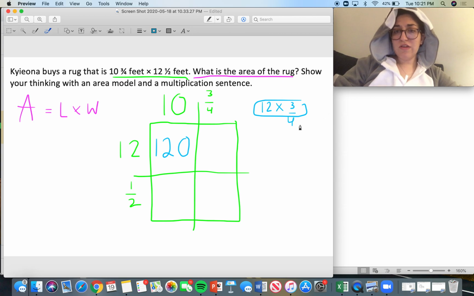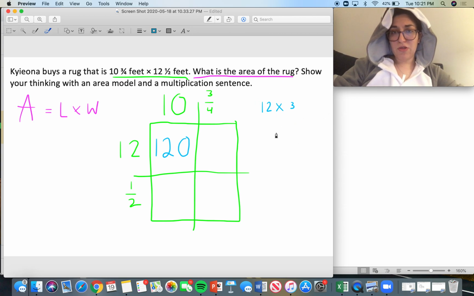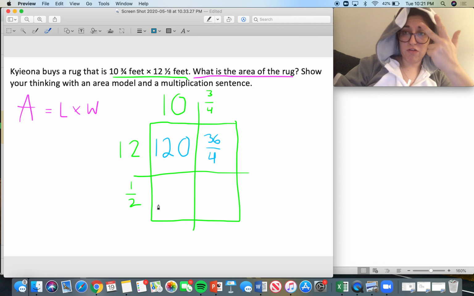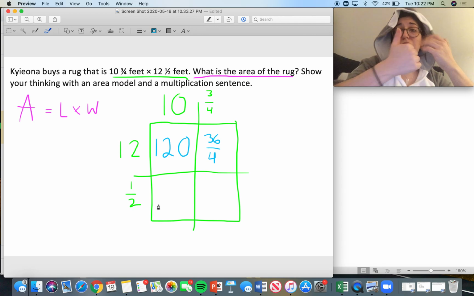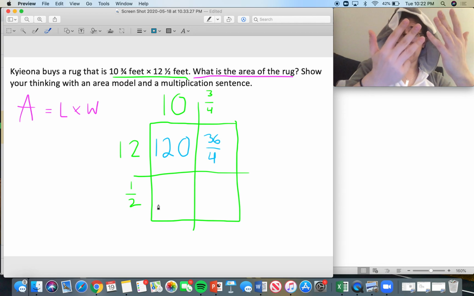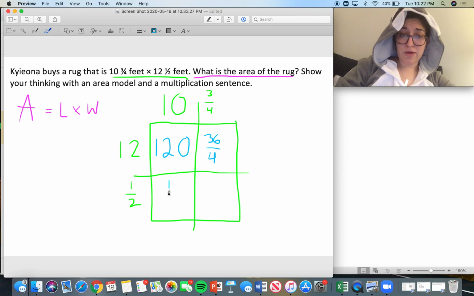I'm going to get 36, and I'm going to leave the bottom on its own. So 36 over 4. For this one, I'm going to do 10 times 1/2, or 1/2 plus 1/2 plus 1/2, ten times. And what I'm going to end up with is 10 halves.